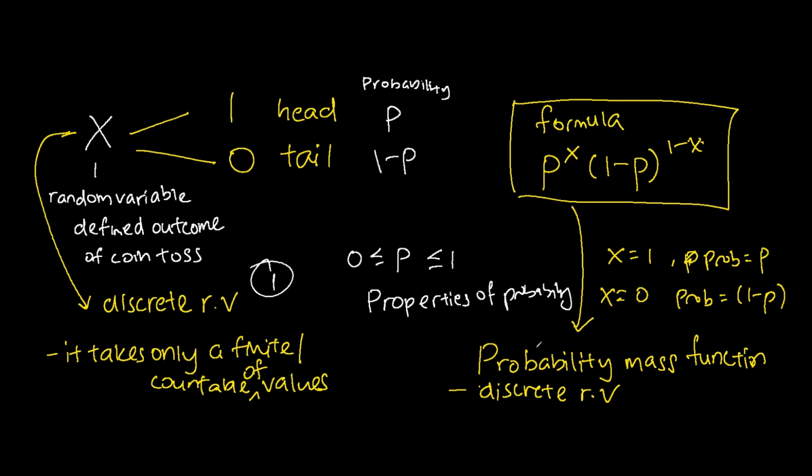This formula is called the probability mass function, which tells you the different kinds of discrete random variables. In the next episode, I'm going to talk about continuous random variables and what we call the probability density function, which has the same concept as a probability mass function.